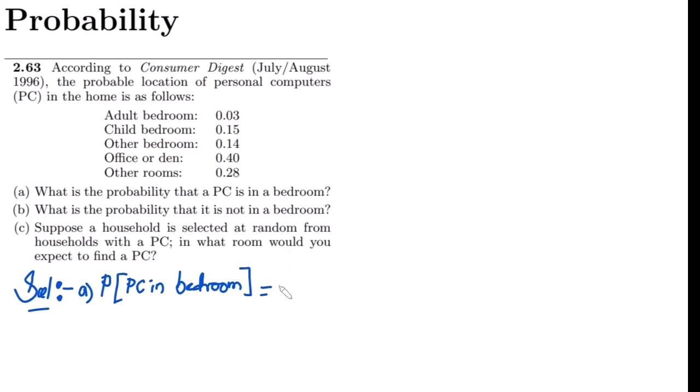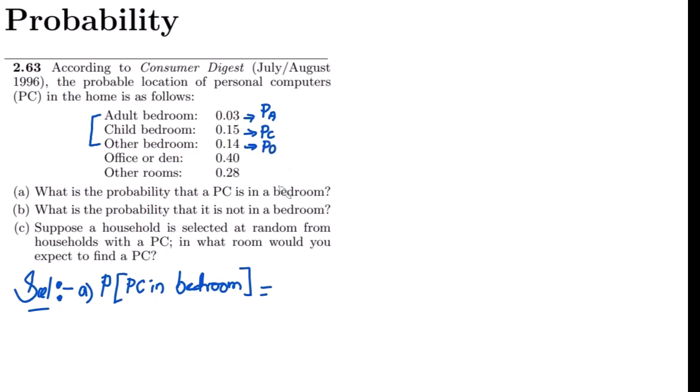So in order to find the PC in a bedroom, we have here 1, 2, 3 options for the bedroom, and let me call this one the probability of the availability of PC in adult bedroom. Okay, this is in child bedroom, and this is in others bedroom.